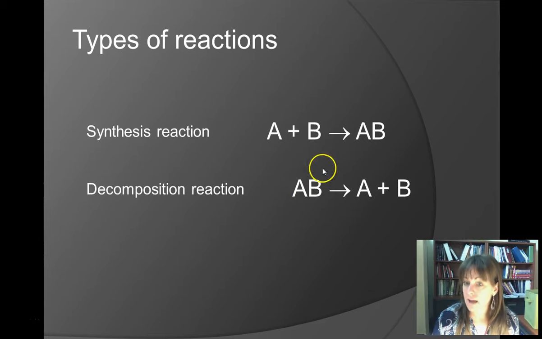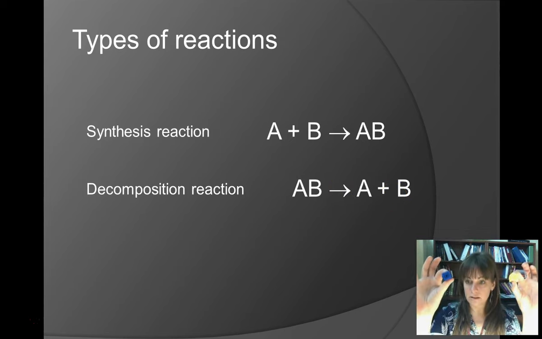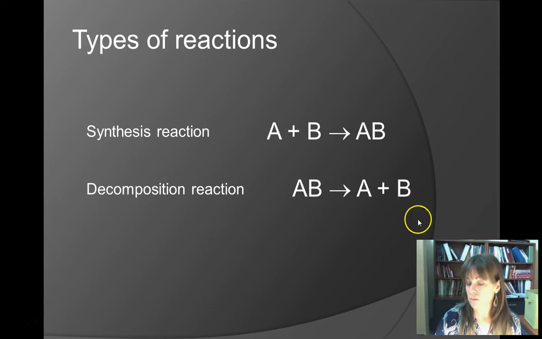You could think of that as AB, the larger molecule. You're going to break it up through acid and all these other things into small pieces. And then these would be the nutrients that your body absorbs into the blood. So decomposition, that's one place that we really see it, in digestion, in the digestive tract.